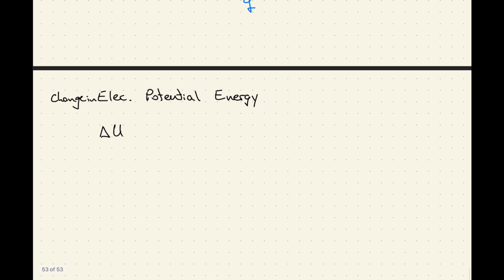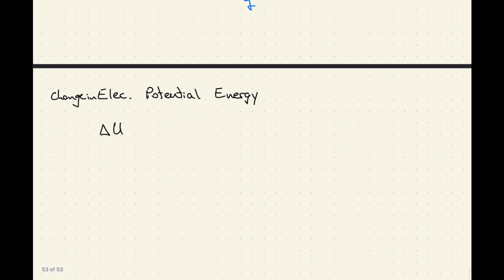So now that we've calculated an equation for the electric potential energy, it is also equal to the negative work done. In most cases, we talk about work as a force pushing over a distance. In this case, the force is coming from an electric field, so it's kind of like electric work.